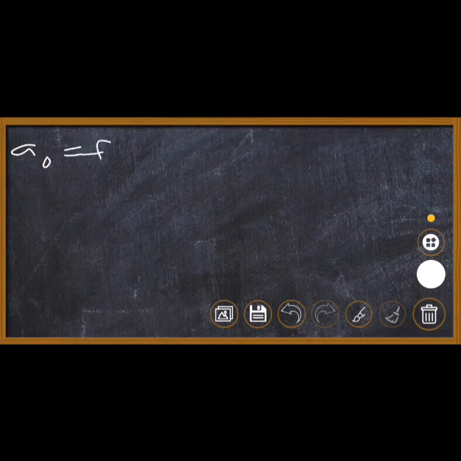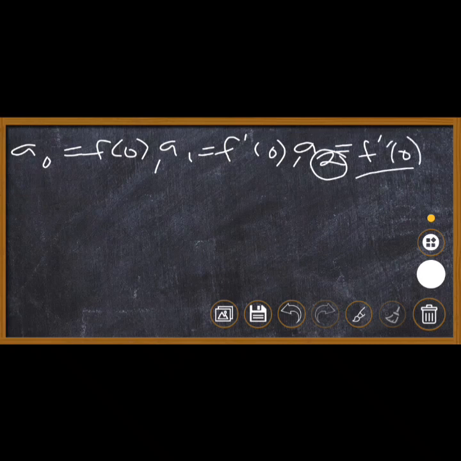So in this case then, let's just arrange the values together. Our a0 was equal to f of 0, our a1 was equal to the first derivative of 0. Our second value of a was equal to, since there is a 2 here, it means on the denominator you are going to have 2 factorial.